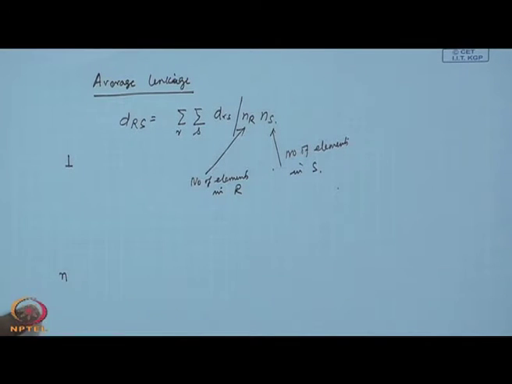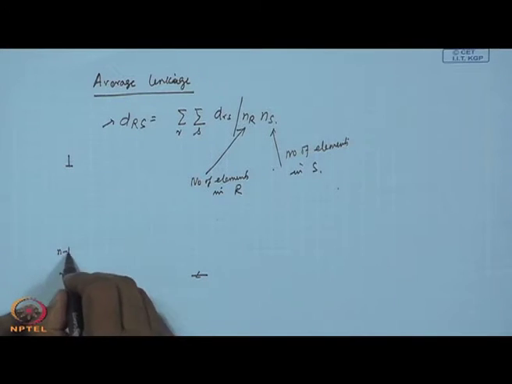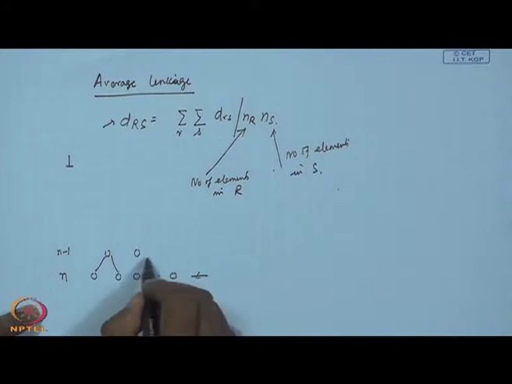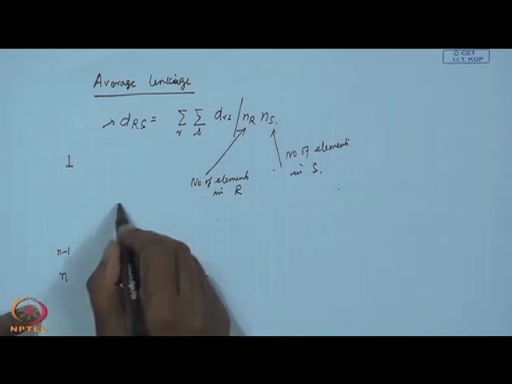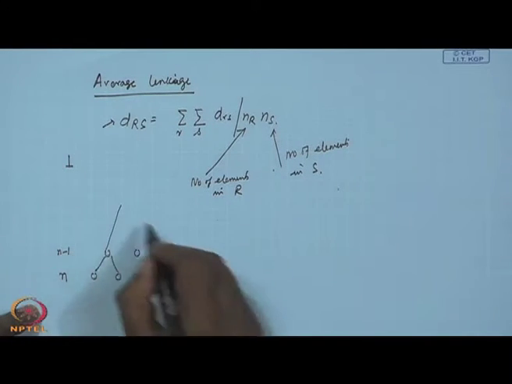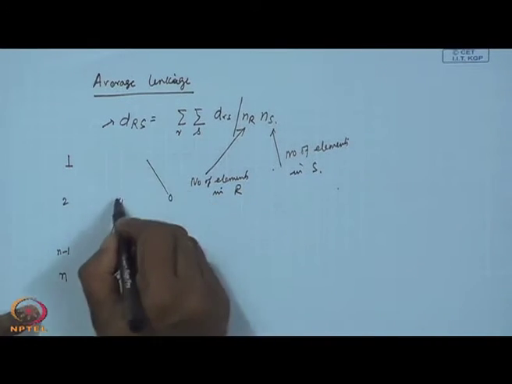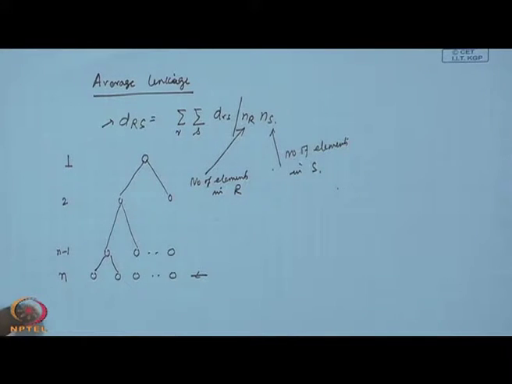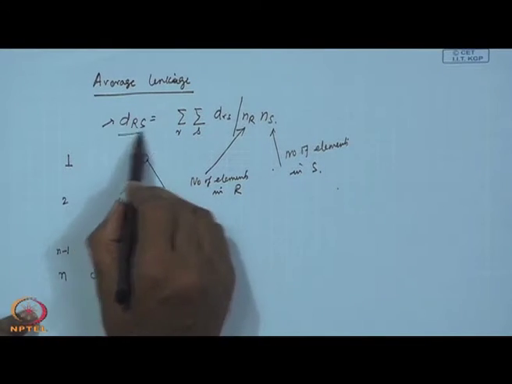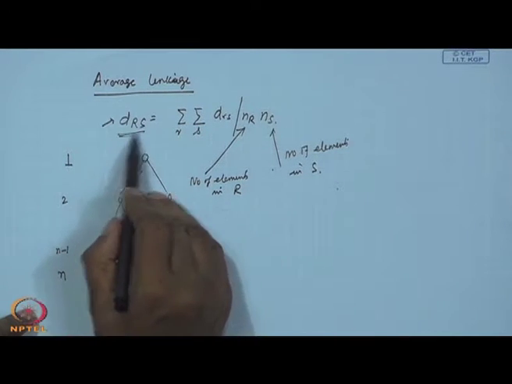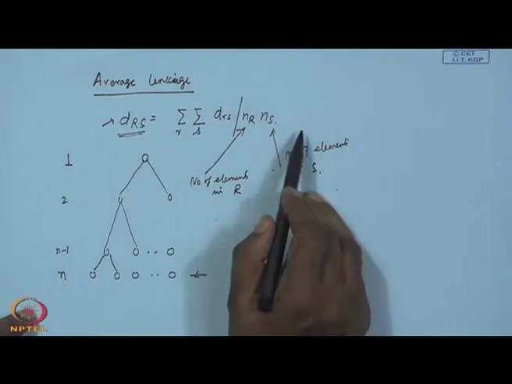So, you start with n clusters, finding out these values, then you go to n minus 1 clusters, like this, then ultimately you go to 2 clusters, then finally you go to 1 cluster, and everywhere you are comparing the distance between clusters by this formulation.